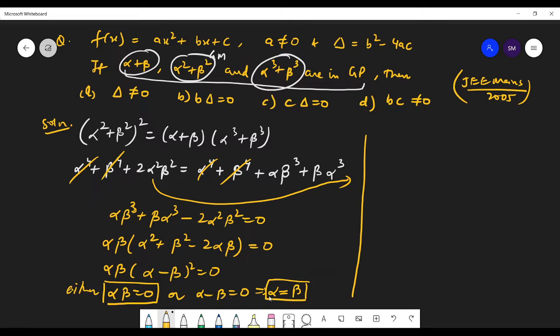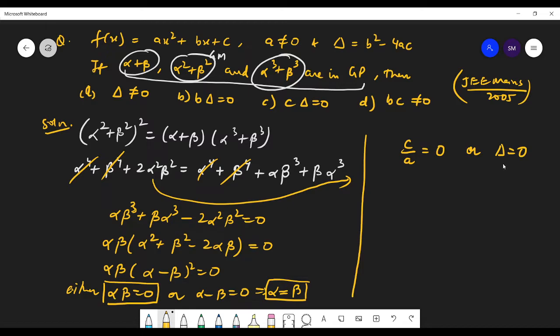So this or this. So now here you can put alpha beta equal to c by a, so that will be equal to 0. Or if alpha equals beta, then if both the roots are same, then your discriminant is 0.